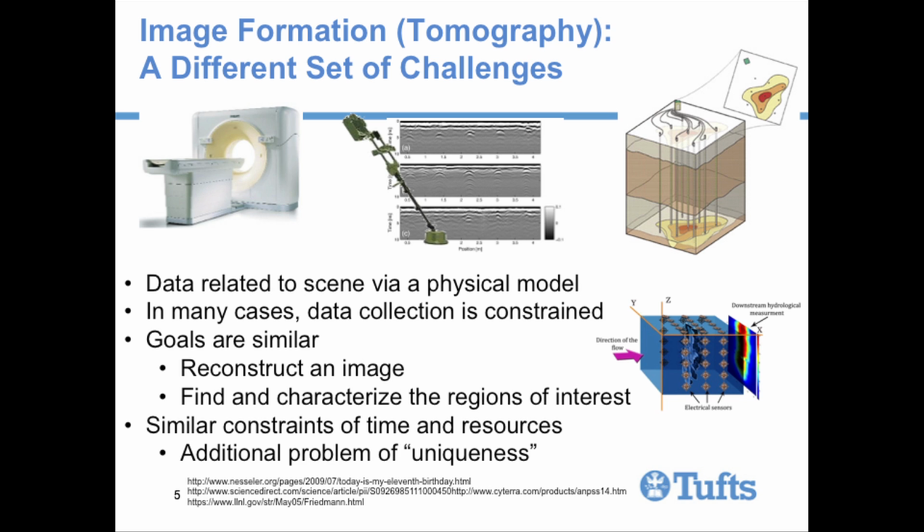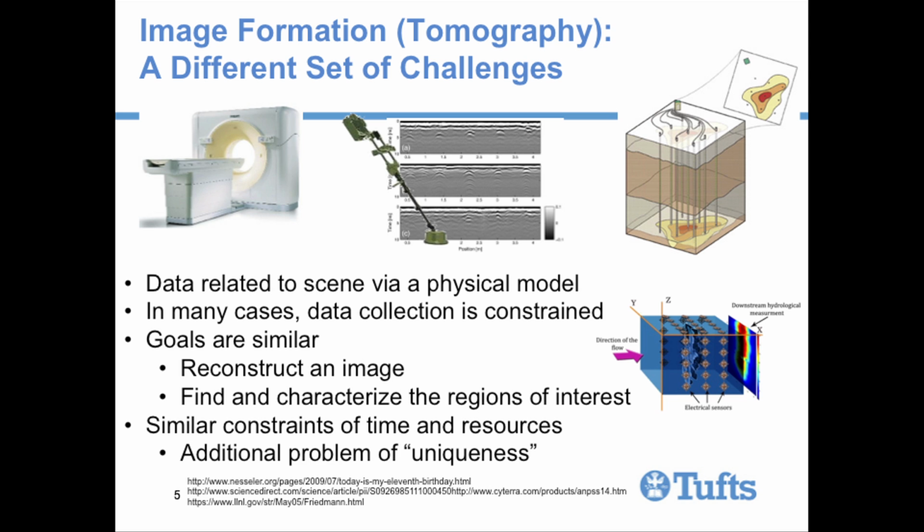This is a project that I've worked on with Linda and her group and the civil engineers on using flow and transport. So this is far, far from electrical engineering. This is a problem in hydrology where some of these ideas of image formation or media characterization can also be applied. So the problems here, all of these problems, are different. In a way they're the same, but in a way they're different.